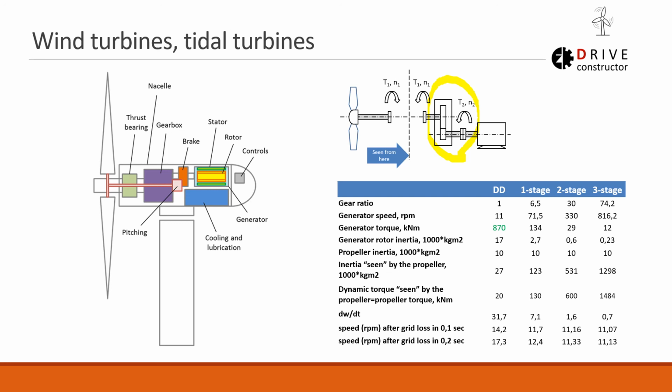So the brake, for example, was not engaged, or the generator failed and the counter torque disappeared, so the blades start rotating faster and it can damage the wind turbine. The blades can just collapse and fly away. So then the gearbox can really be helpful in braking the wind turbine.